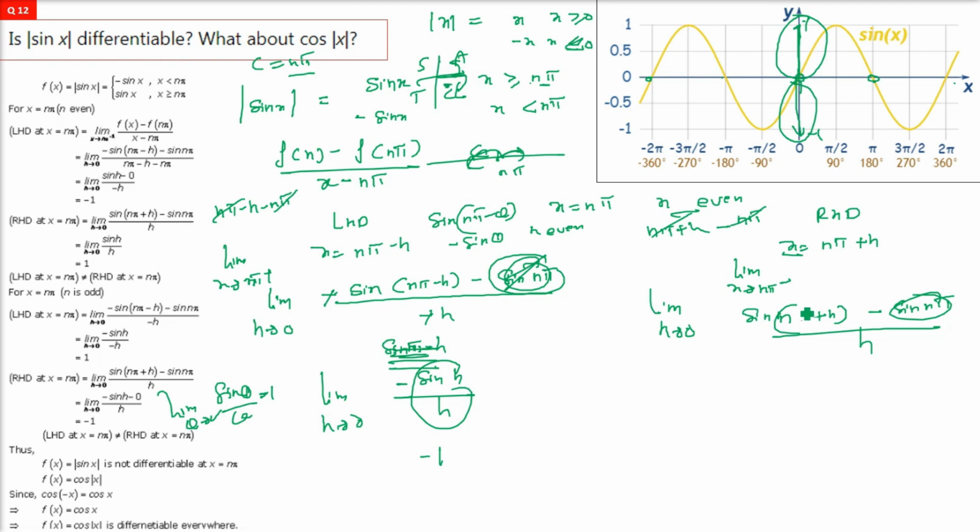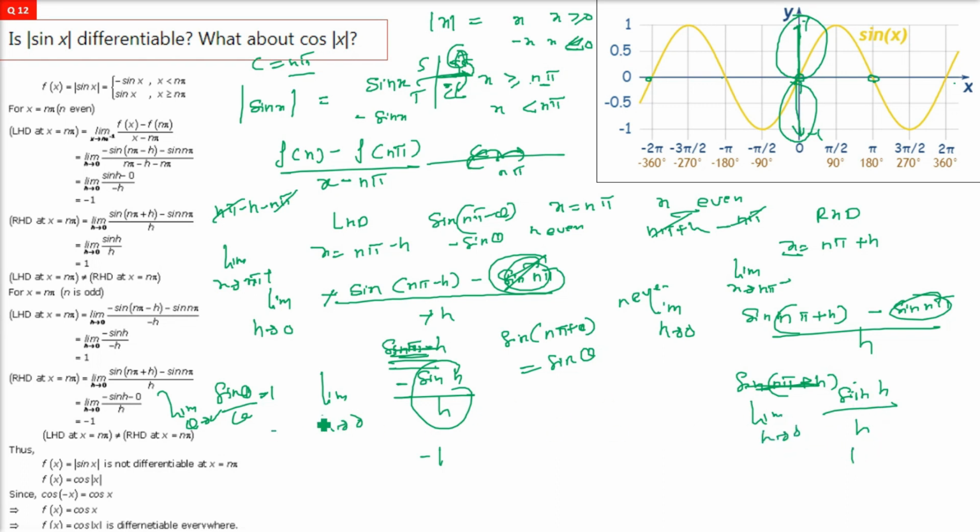So this sin n pi plus h will be simply sin h. In the denominator you already have a h. And please remember, sin n pi plus theta, if n is even, is sin theta. Sin h divided by h, limit h tends to 0, sin theta by theta, limit theta tends to 0 is always 1.